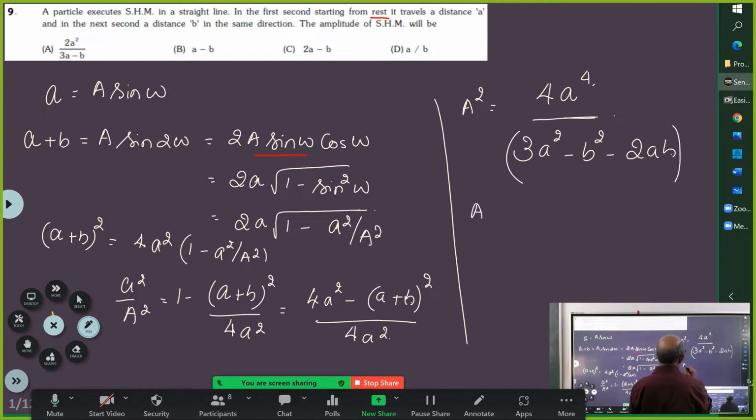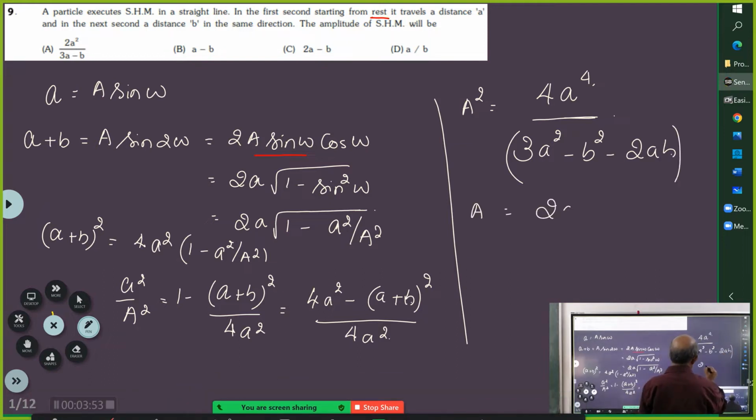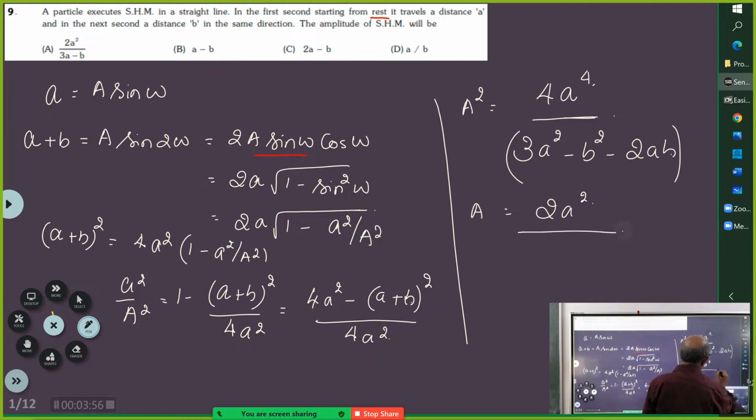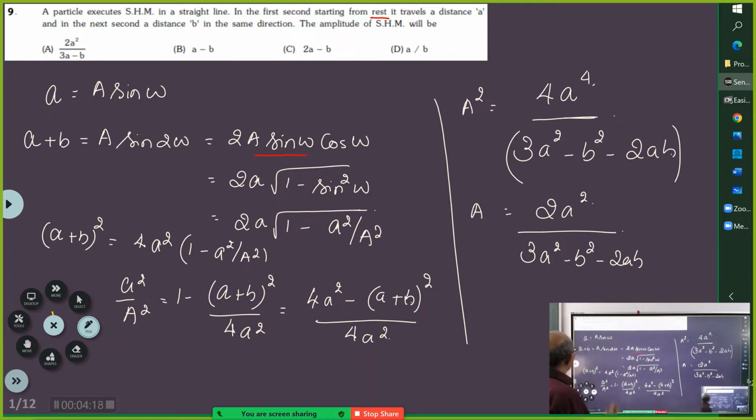So here you will take it as A equal to 2a square divided by, this is not a perfect square, right? So 2a square is the numerator that we have got, and the denominator is 3a square minus b square minus 2ab. Well, I don't see the option here even in this way, but this is close to this option here.